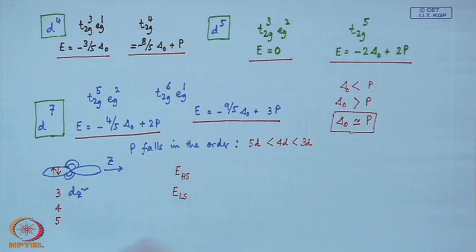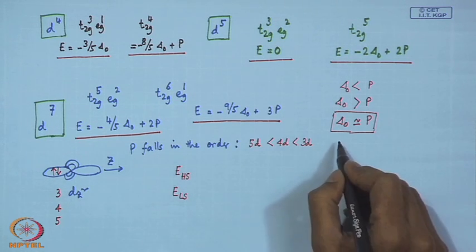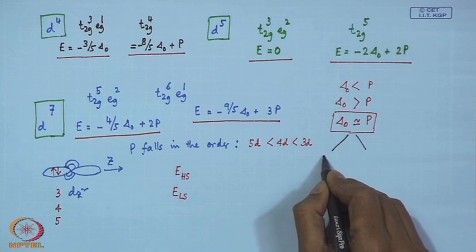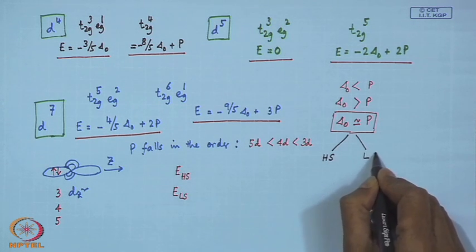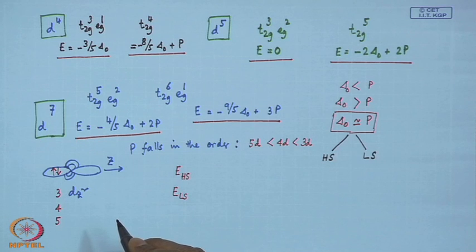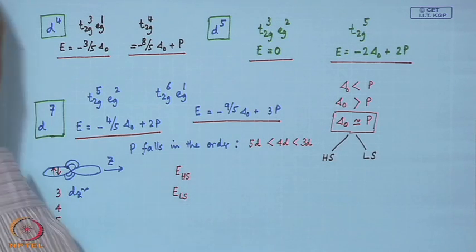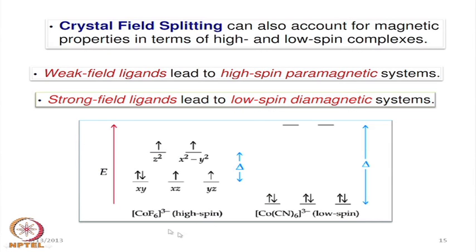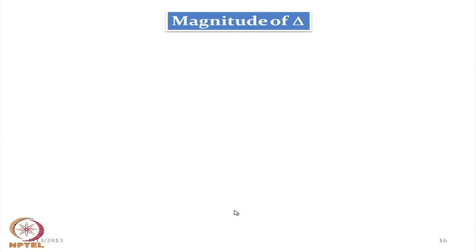The critical crystal field can give rise to two types of situations, where we have either the high spin complex or the low spin complex, depending upon the situation. So, we see that from this configuration of 3d6, in two situations we can have the high spin and low spin, and we can calculate the corresponding energies, that means EHS and ELS for these two situations. Then we see how the pairing energy is changing.